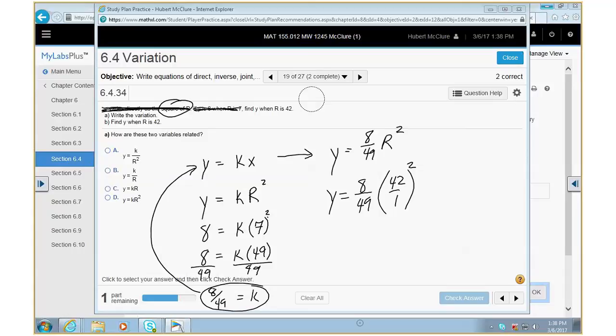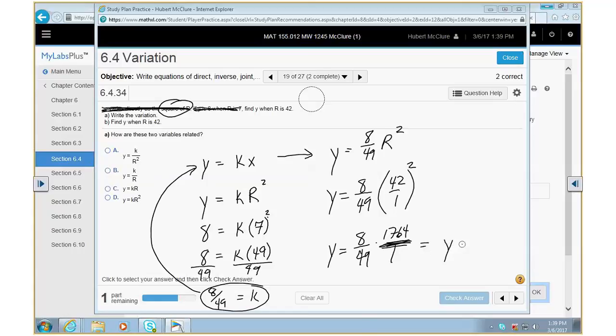Well, 40 squared is 1600, right? So that's going to be a big number. You can't reduce it because it's squared, so you might as well just pull out your calculator and do it. Y is equal to 8 over 49. Somebody multiply, raise 42 times 42. What do you get? Over 1. Just do it, calculator, what do you get?